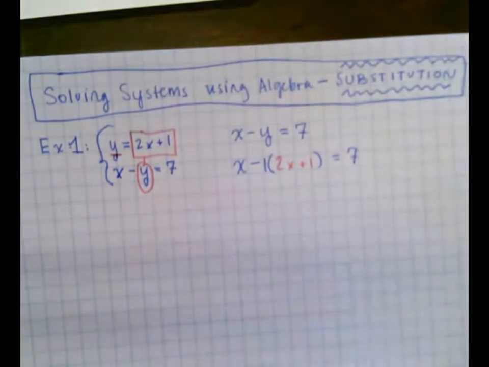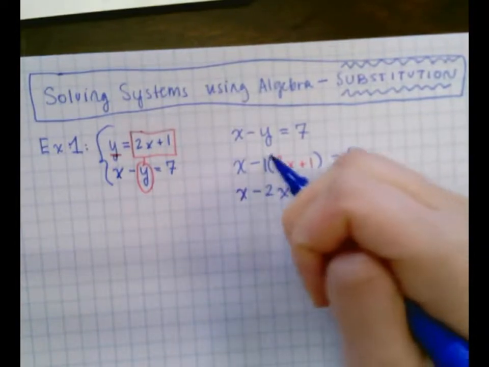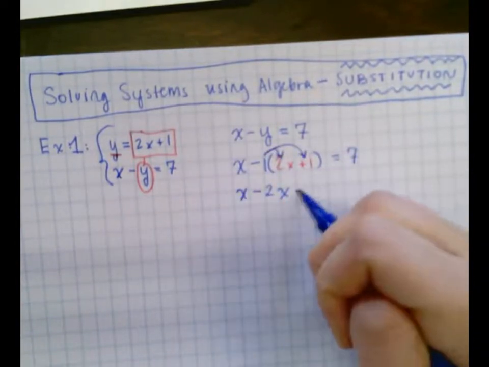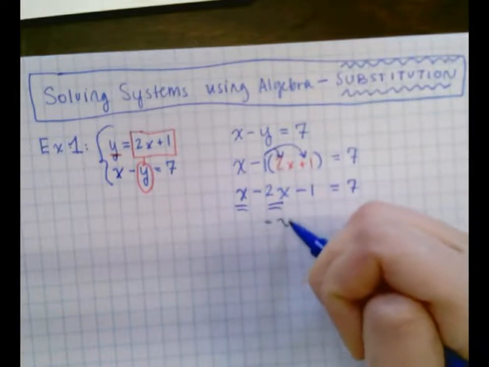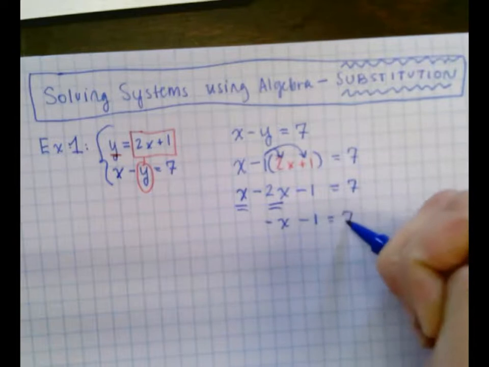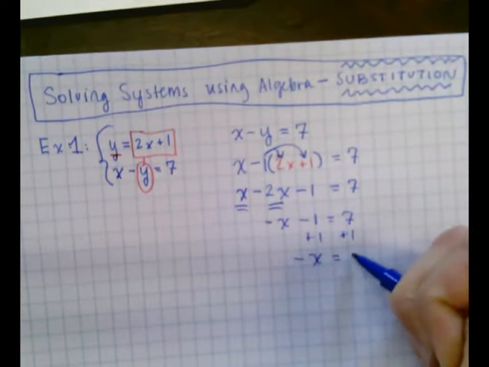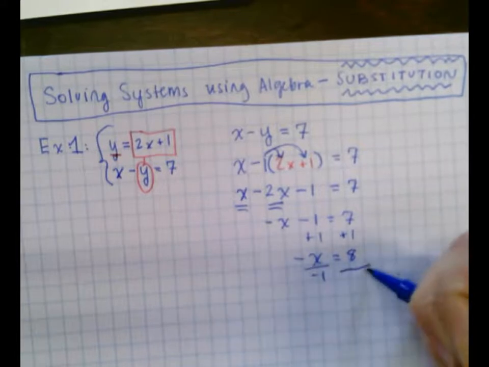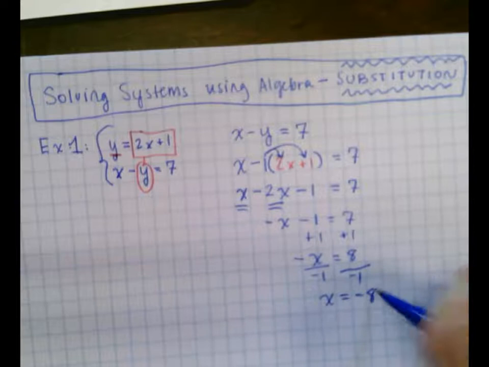I can think about distributing a -1, so I would get x minus 2x and minus 1 is equal to 7. I could combine my like terms and get -x minus 1 is equal to 7. Add 1 and get -x is equal to 8, which means if I divide both sides by -1, I get x is equal to -8.